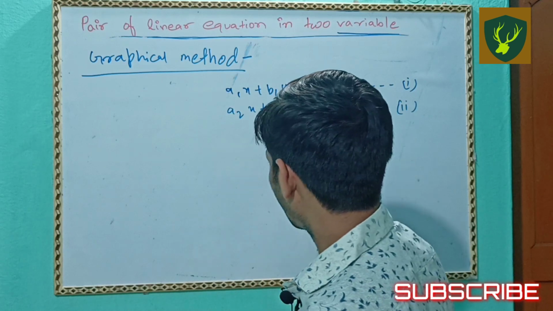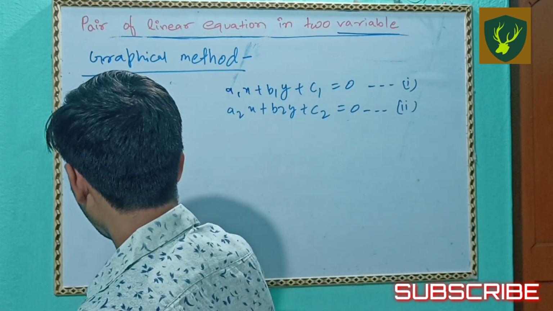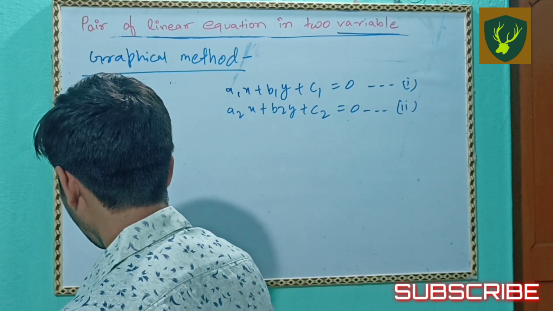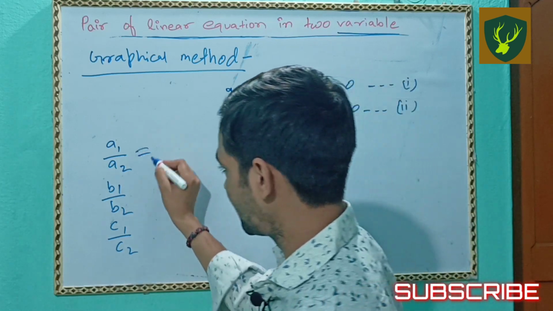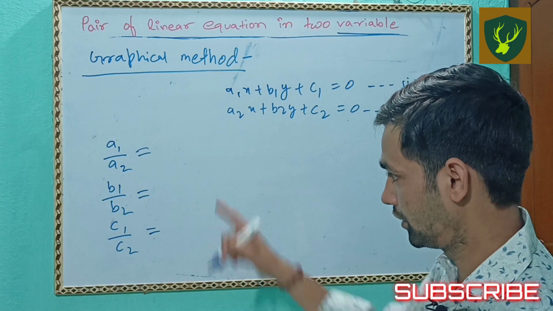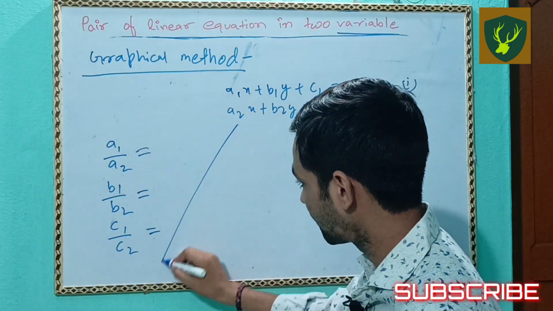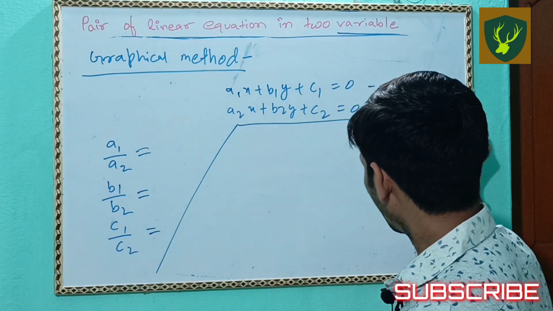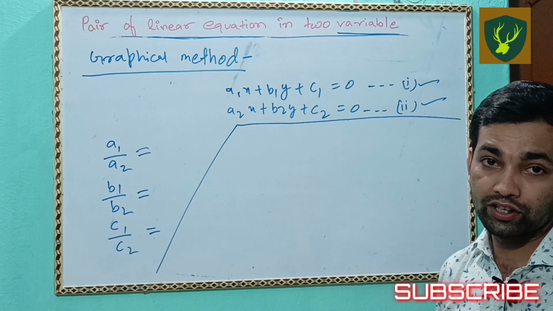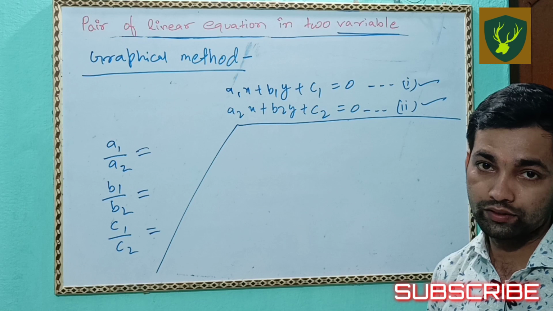First we will find the ratios a1 by a2, b1 by b2 and c1 by c2. After getting the result of these ratios, we can decide whether the lines formed by both equations are intersecting, parallel or coincident.